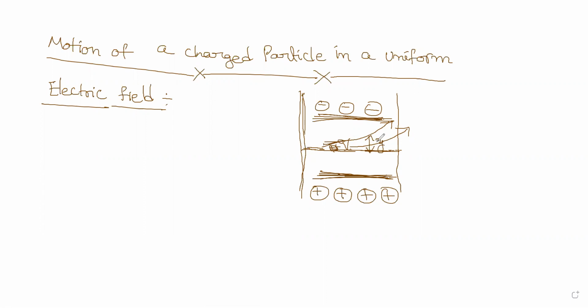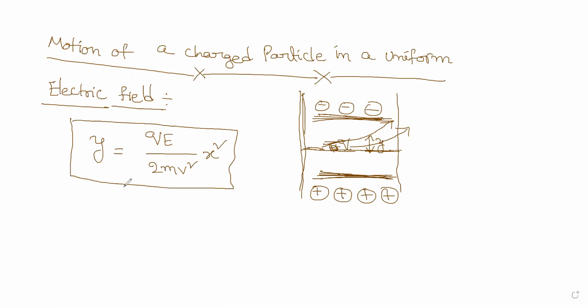Now we have an equation: y is equal to qE by 2mv square into x square. This equation represents a parabola.